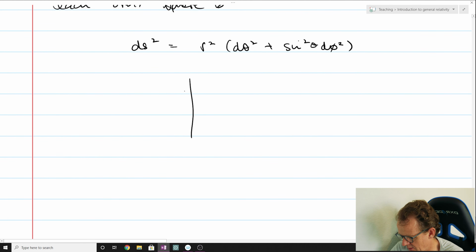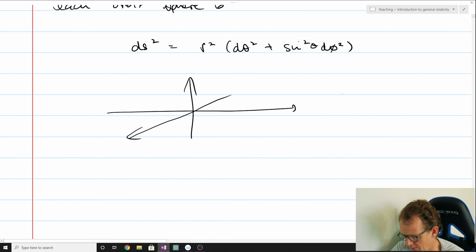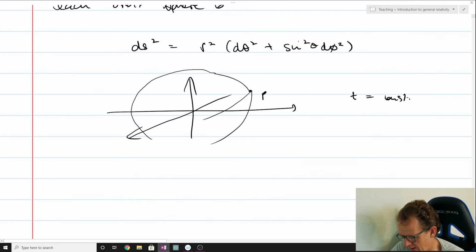So the picture you should have in mind is, here is a constant time slice. Take a point P and act on it with all the rotations that come from the subgroup isomorphic to SO(3), and then you draw yourself a sphere, S2.